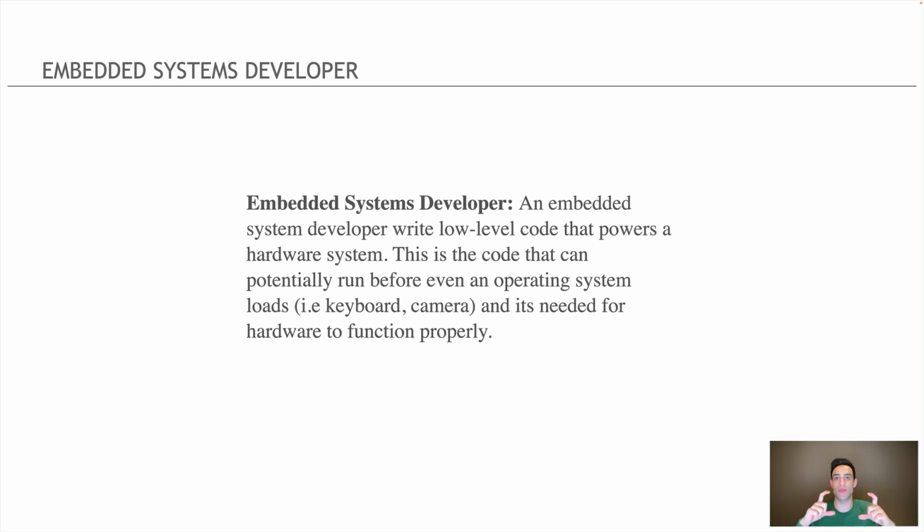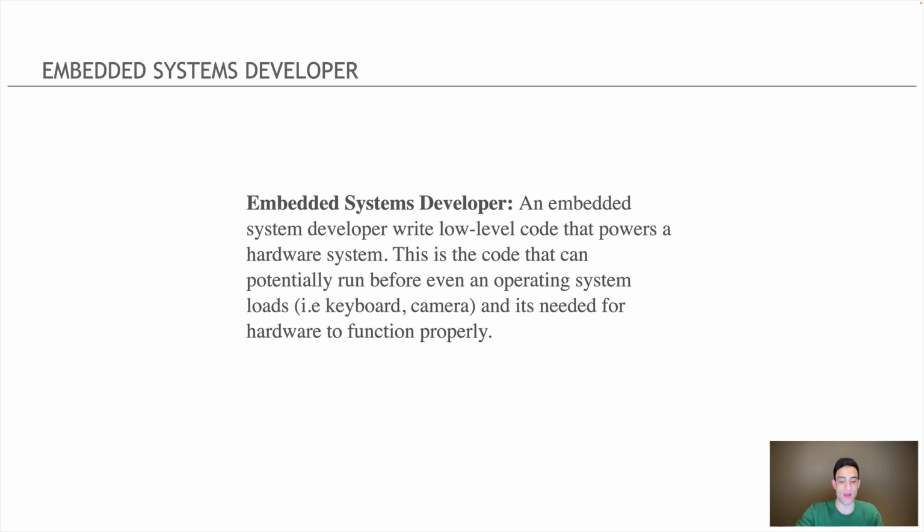You have that TV set into it, or something more embedded. So an embedded system developer writes low-level code that powers a hardware system. That's the word that I was looking for, hardware system. This is the code that can potentially run before even an operating system loads, such as a keyboard, camera, and it's needed for hardware to function properly.